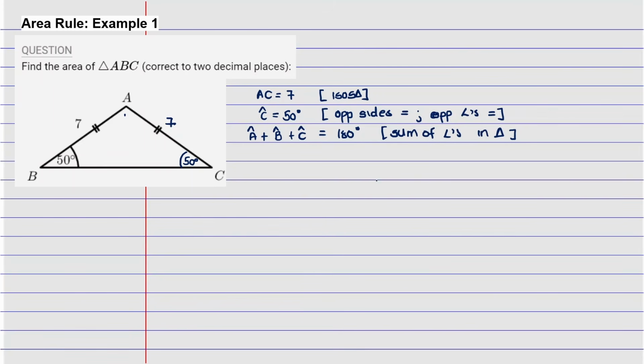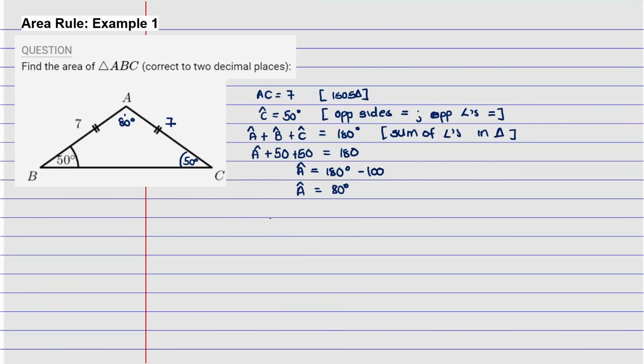So now we can find angle A. It's going to be A plus 50 plus another 50 is equal to 180. Take that to the other side: A is equal to 180 degrees minus 100, which is 80 degrees. So this is going to be 80 degrees.